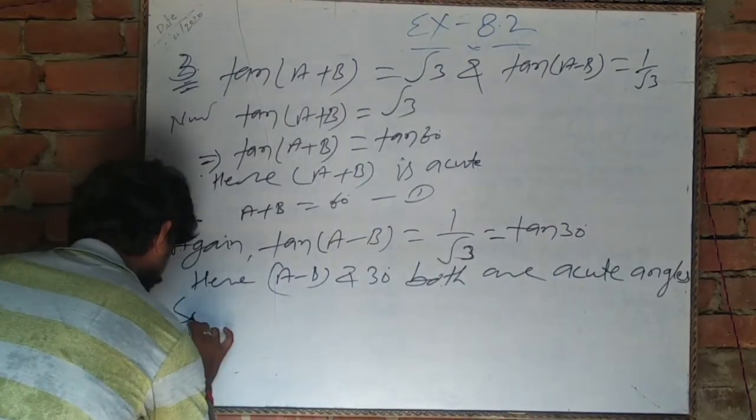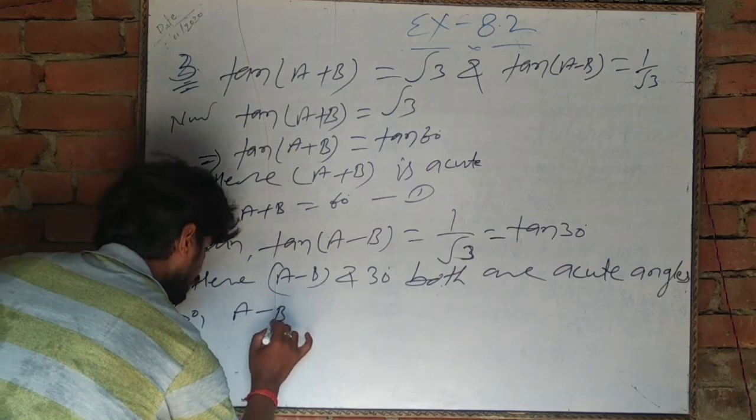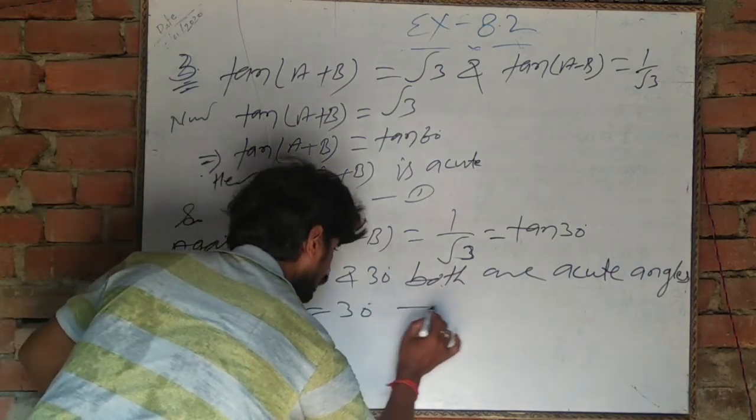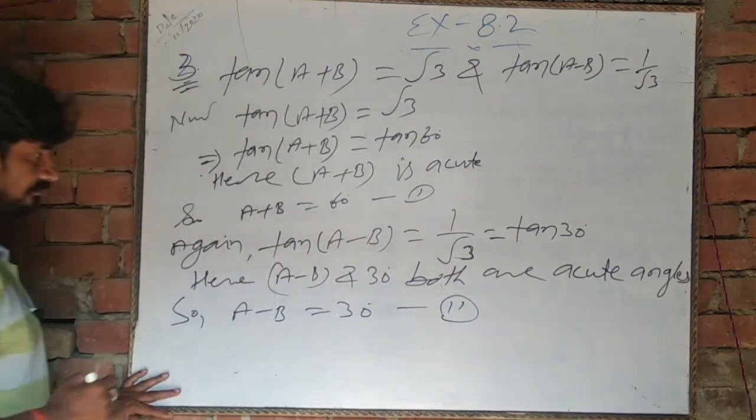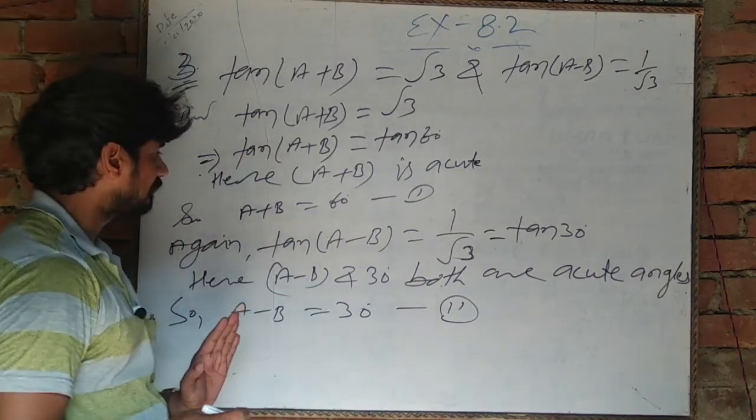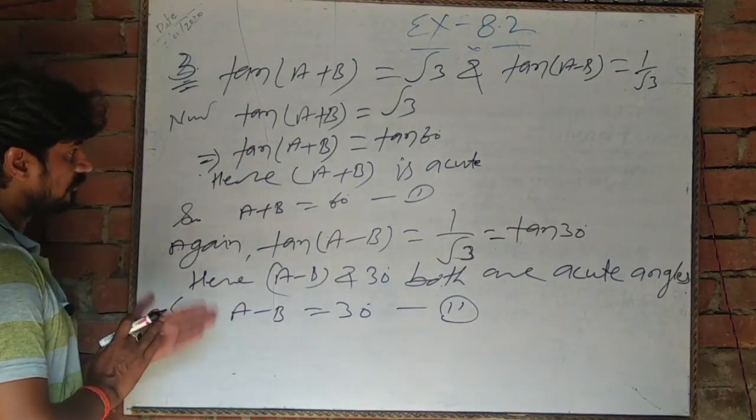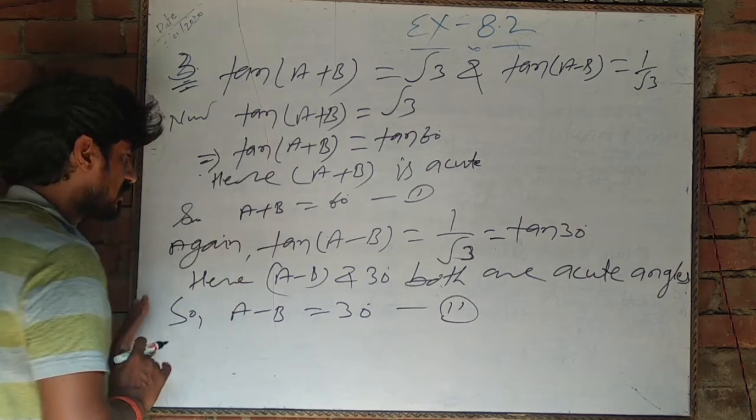So A minus B equal to 30 degree. It's the second equation.